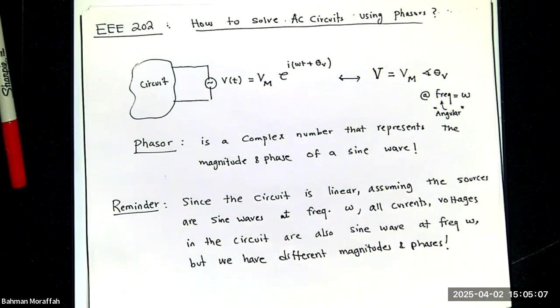So if we're able to determine what the magnitude and the phase is, we're done, right? We know exactly what that voltage or what that current is, right?